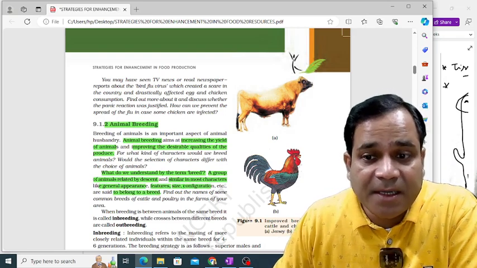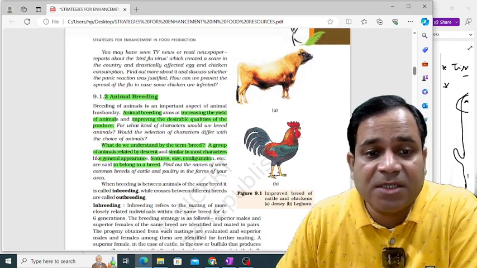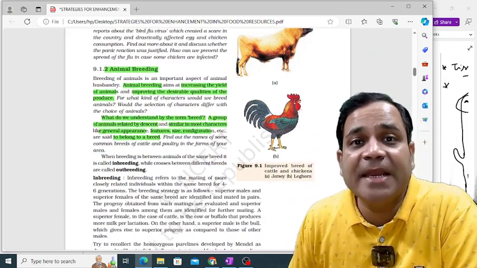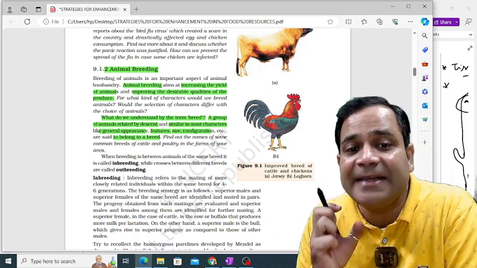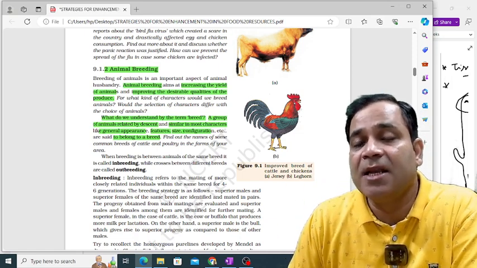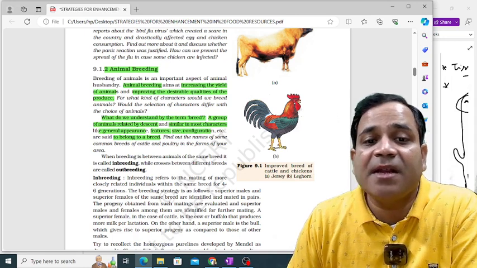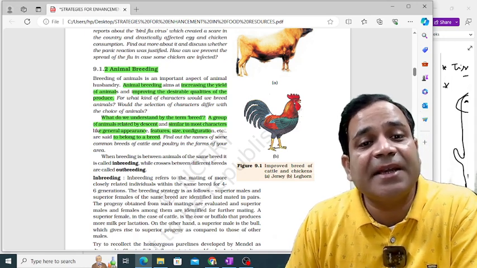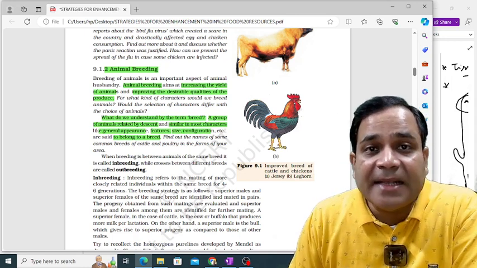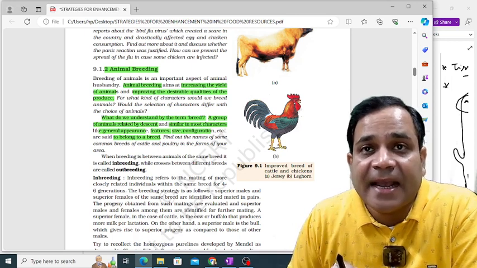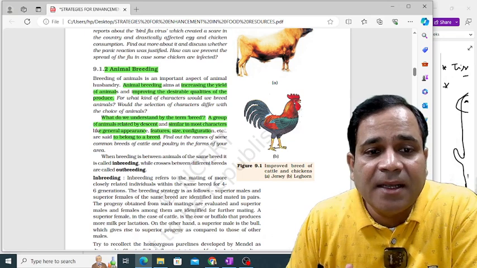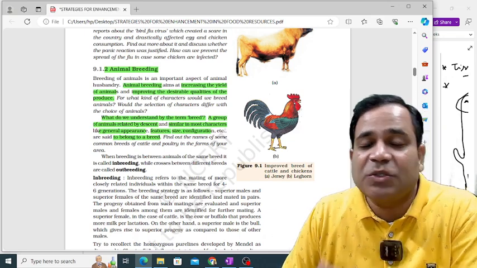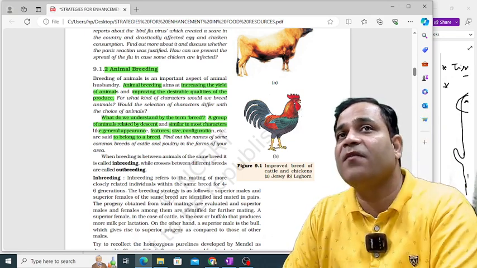This is a very important term. Similar in most characters means appearance, features, size, configuration. These are all the characters, my dear. Getting my point?